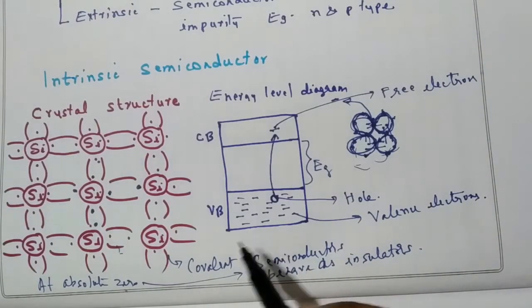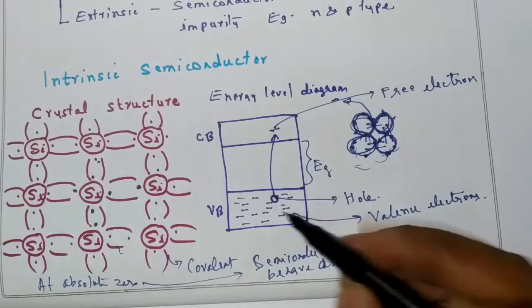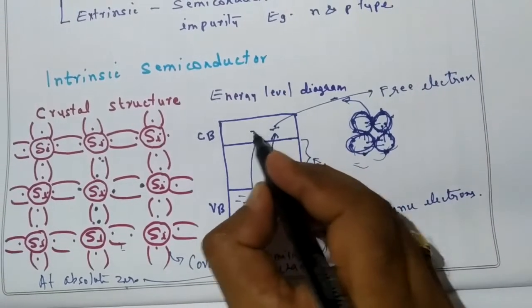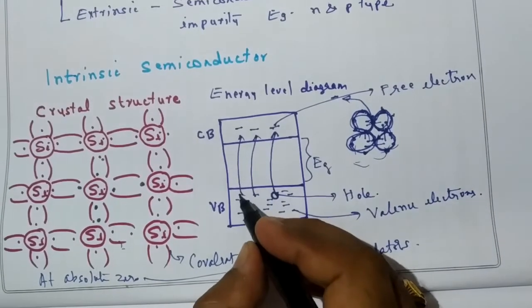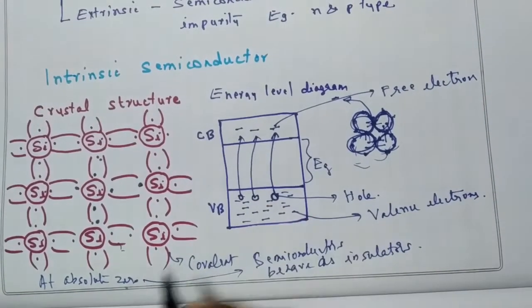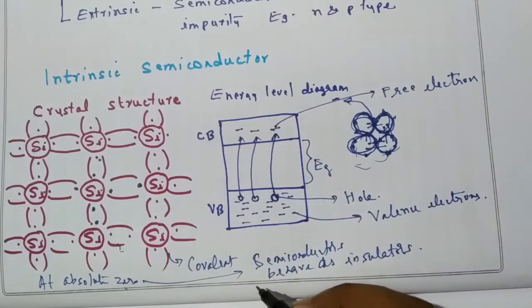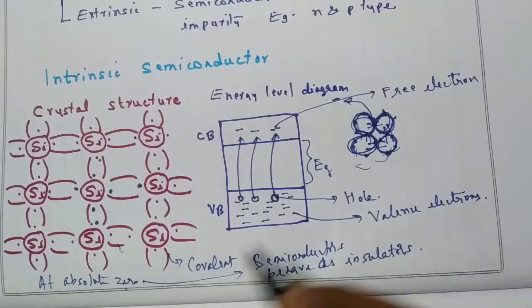Now when the electrons acquire more and more energy, more and more electrons will go from the valence band to the conduction band, and here the corresponding holes are created. If you see the number of electrons and holes, they are equal in number.